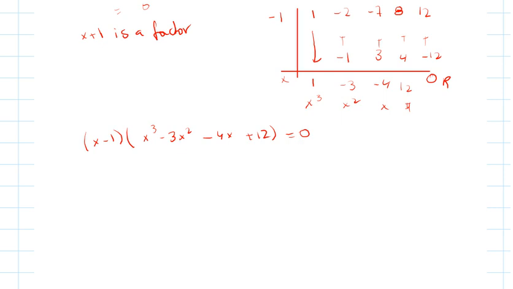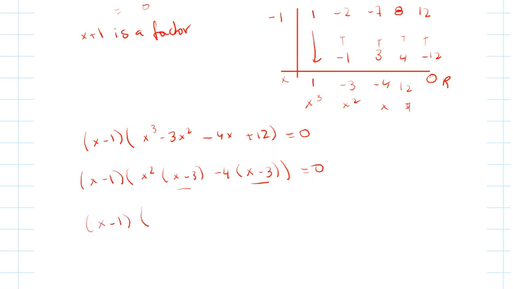I factor x squared, so that's x minus 3. Factor negative 4, that's x minus 3. That works, because I have a common factor. So that's going to be x plus 1, x minus 3, and then x squared minus 4.